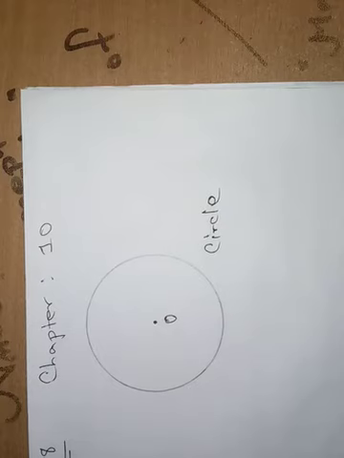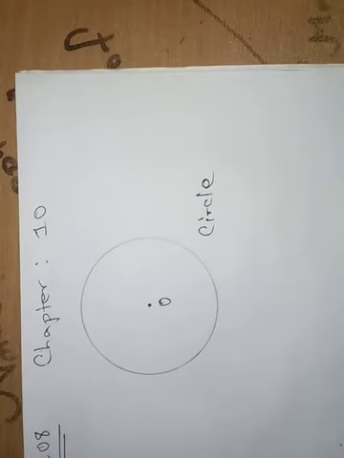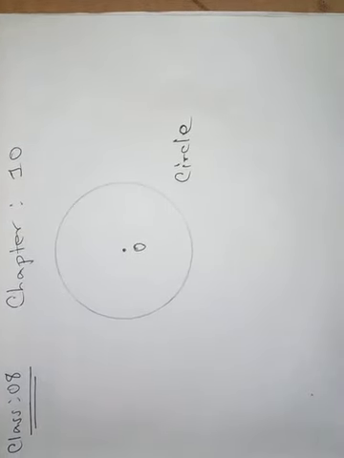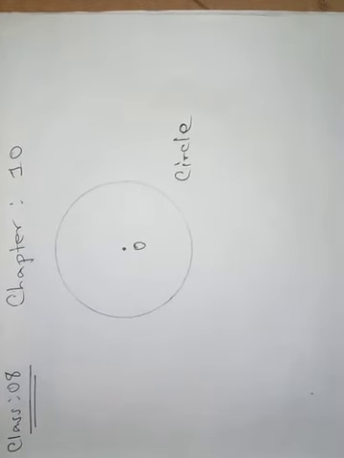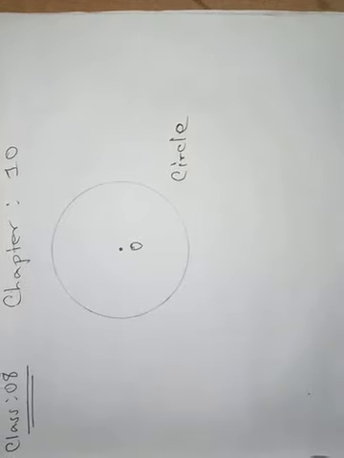Well, what is a circle? To draw a circle, we need 2 points. How many points? 2 different points.